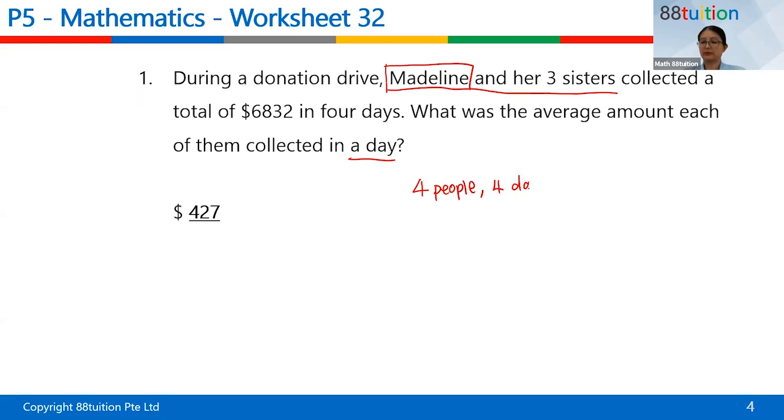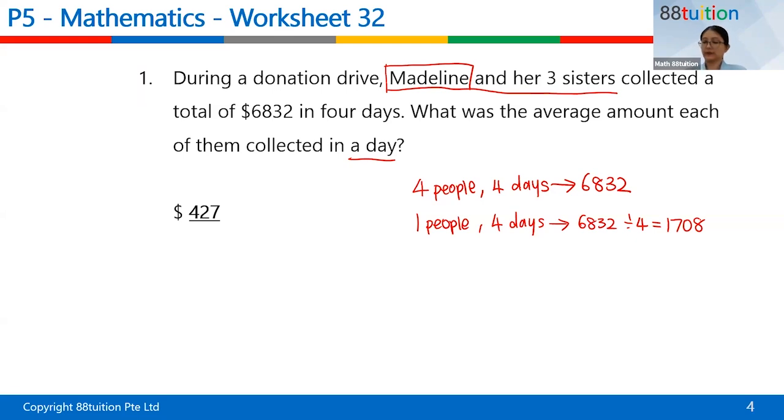4 days in 6, 8, 3, 2. So 1 person, 4 days, 6, 8, 3, 2, divided by 4. 1708.